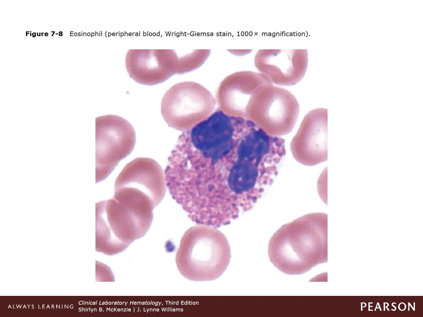Their major role is host defense against helminth parasites. They are also capable of phagocytizing bacteria, but not well. They also present antigen to antigen-presenting cells. They can liberate substances that neutralize mast cells and basophils when they respond to an allergic response.